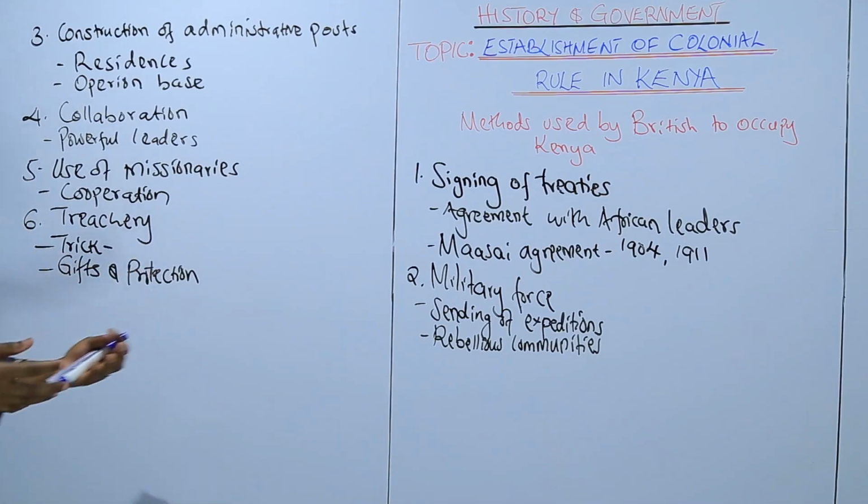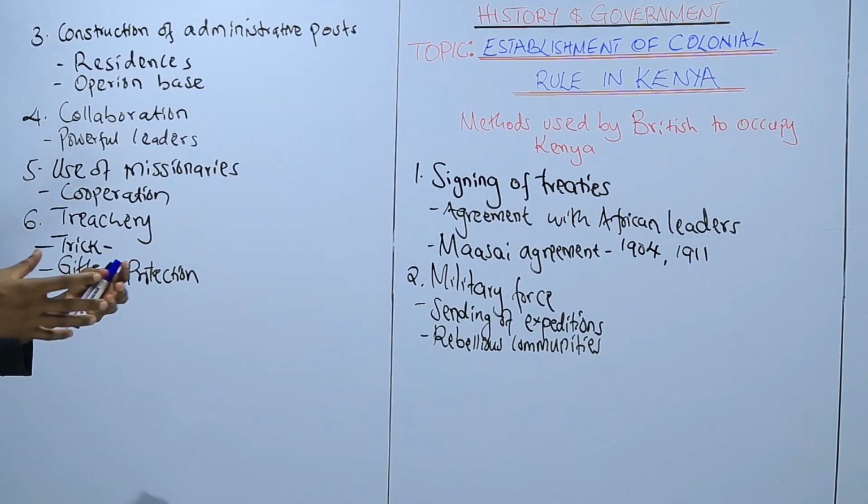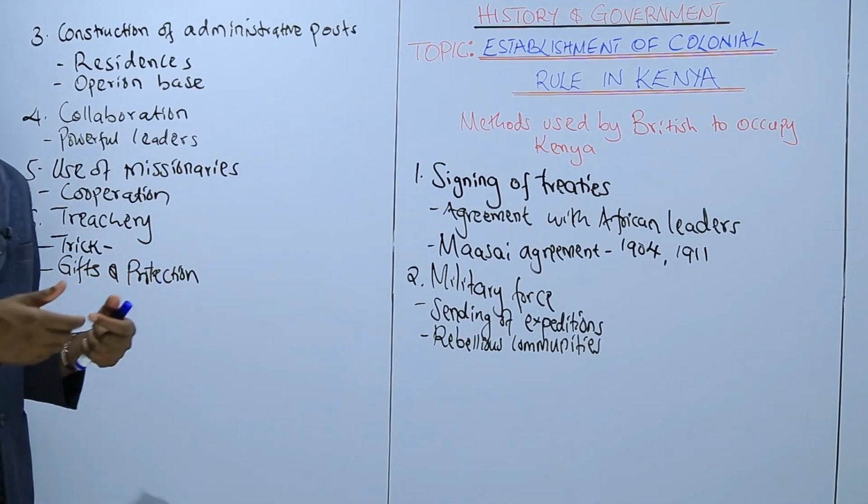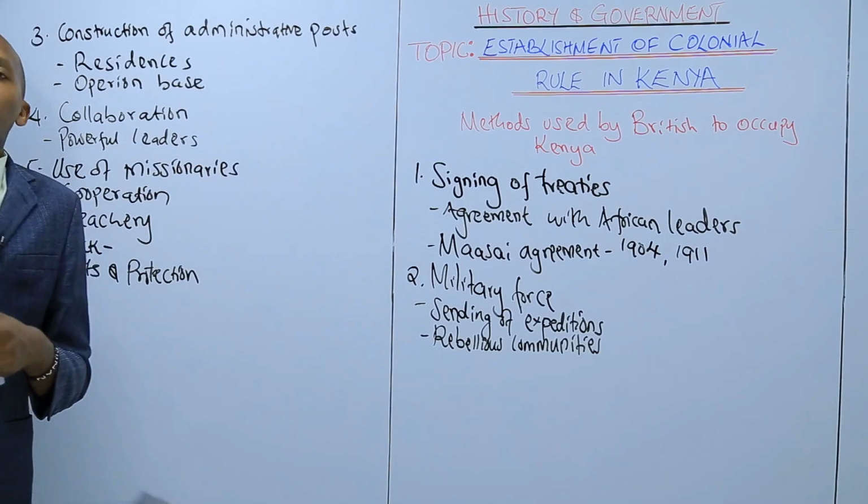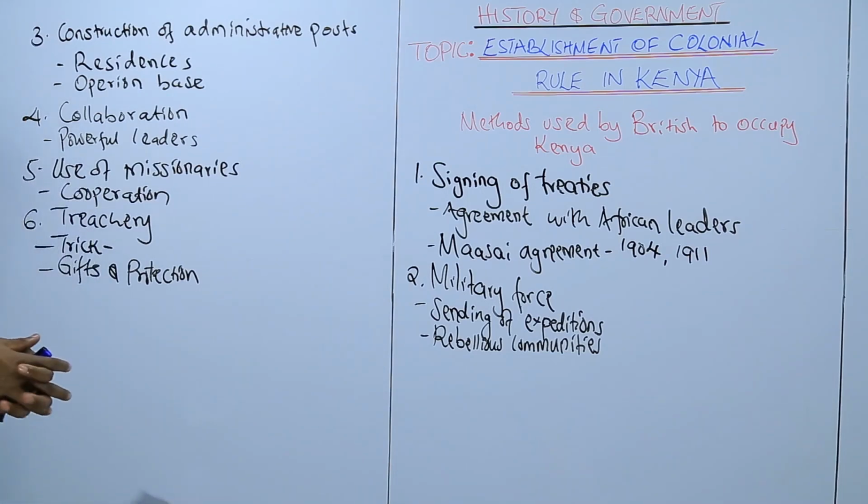So they tricked Lenana into accepting to collaborate with the British on the pretext that he was being offered protection. But in essence he was signing away his territory to the British. So the British tricked the African leaders into giving out their land.